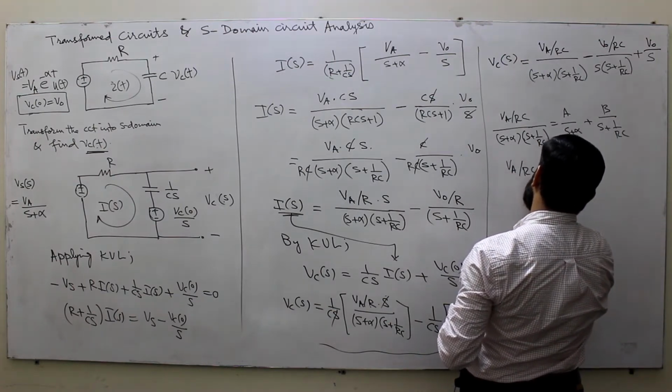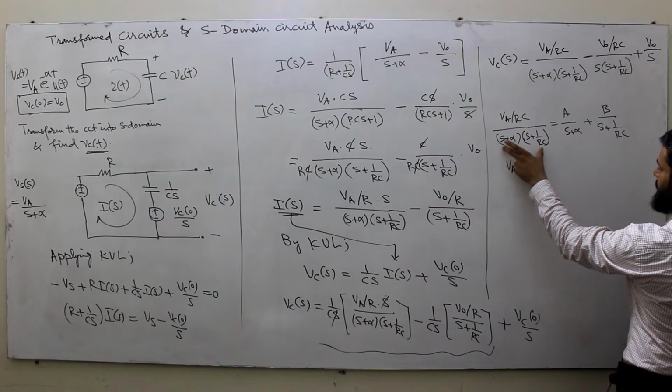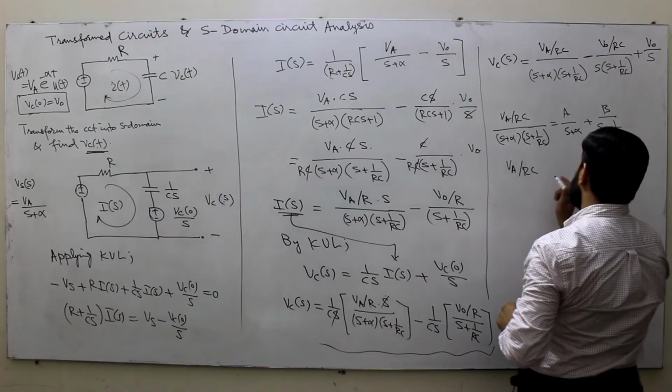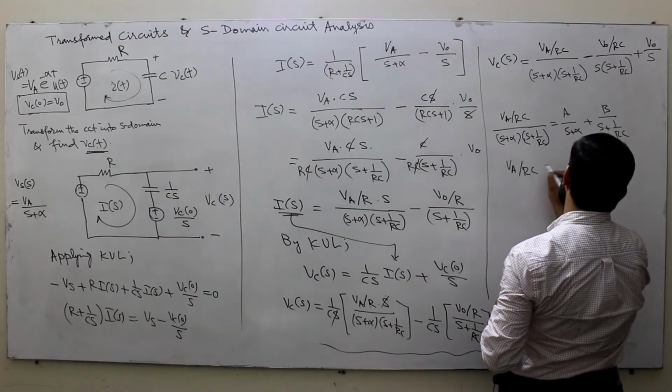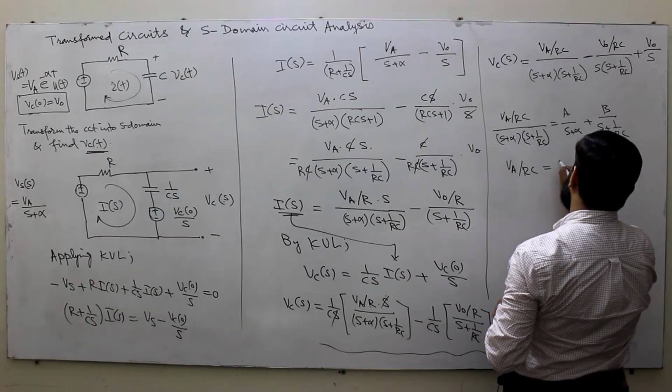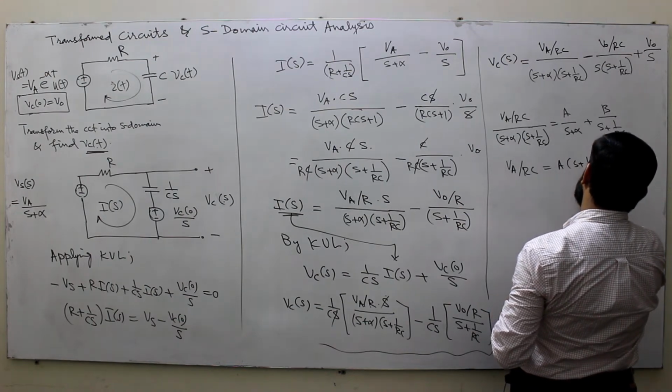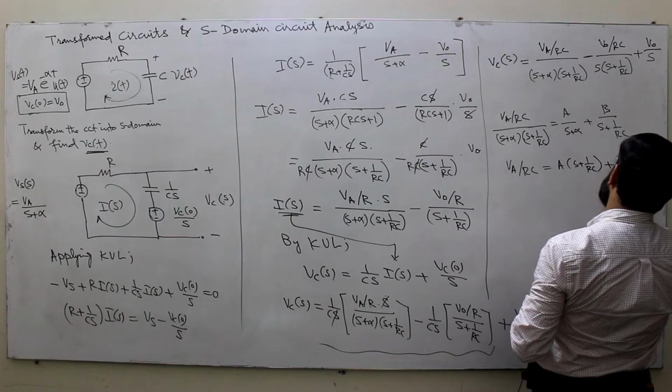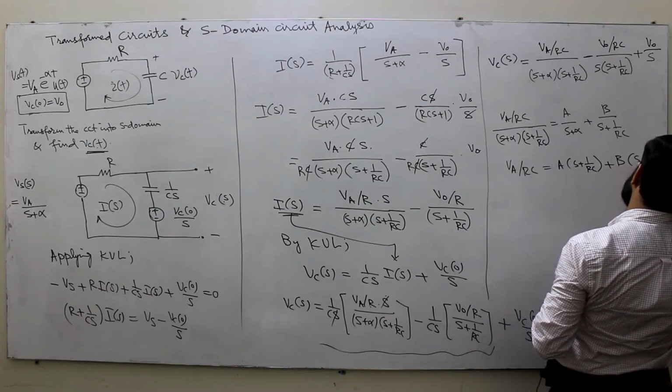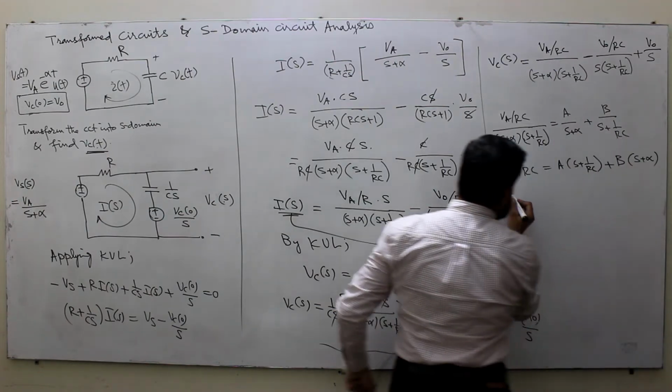Simplifying this, multiplying both sides with the denominator factors, we will get A into S plus 1 over RC plus B into S plus alpha.